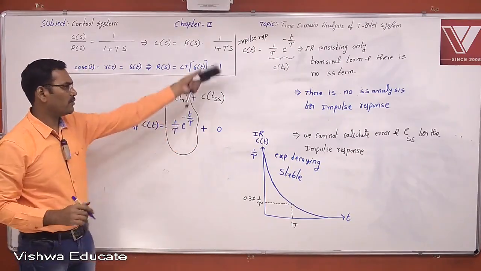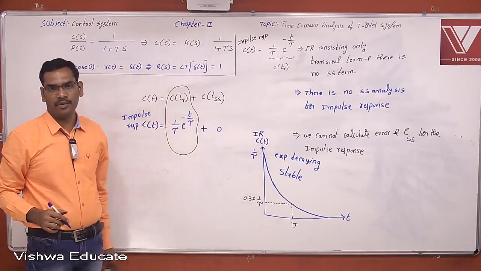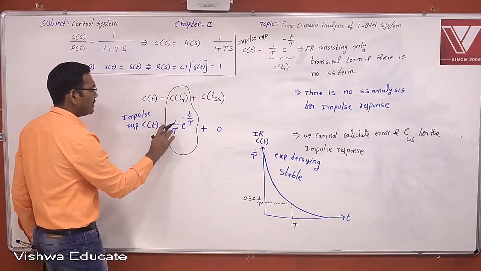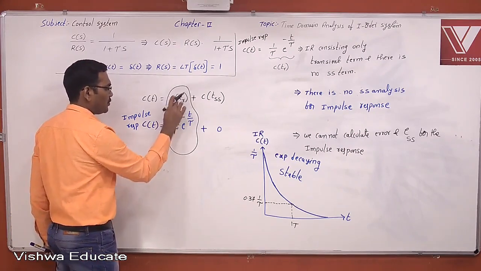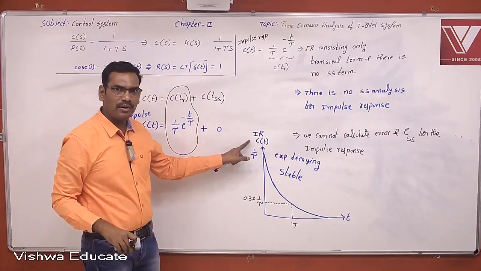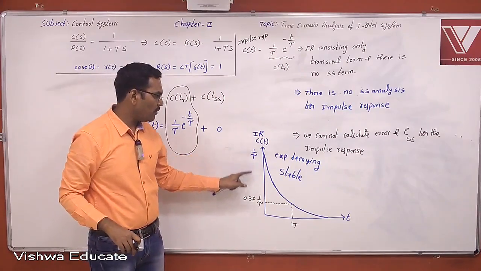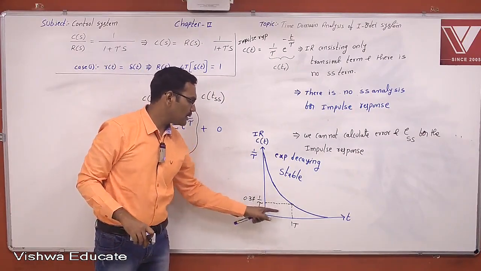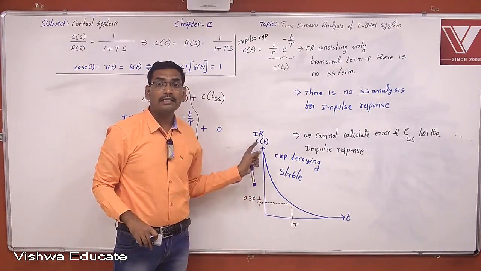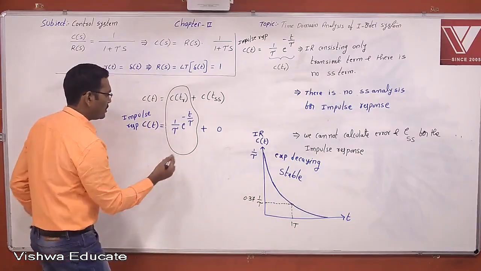That is the reason I gave these three points, which are very, very important. One more point I want to say here: this is the transient term, this is the actual response. The actual, natural response always depends upon the system time constant.